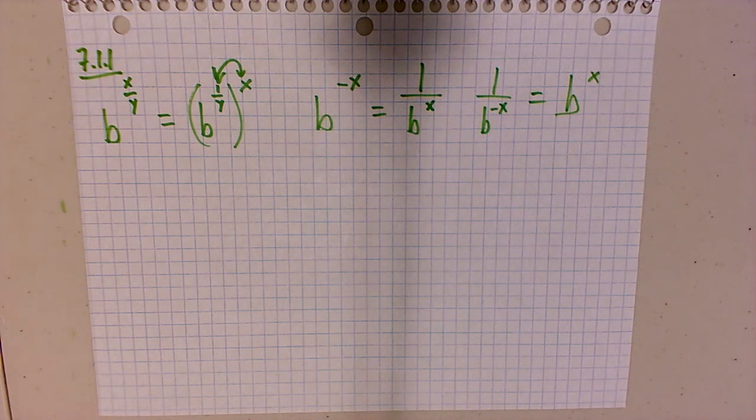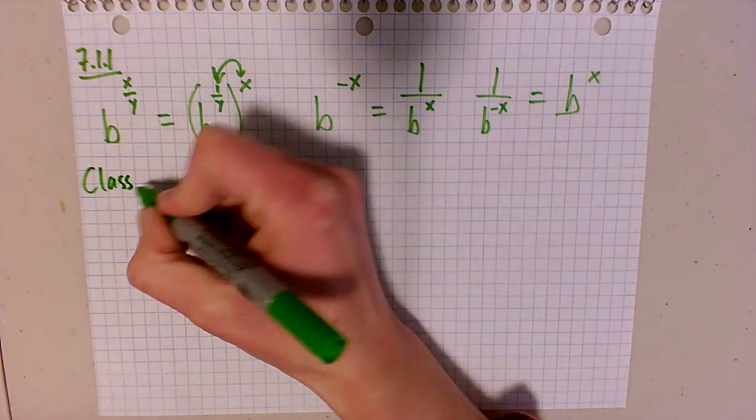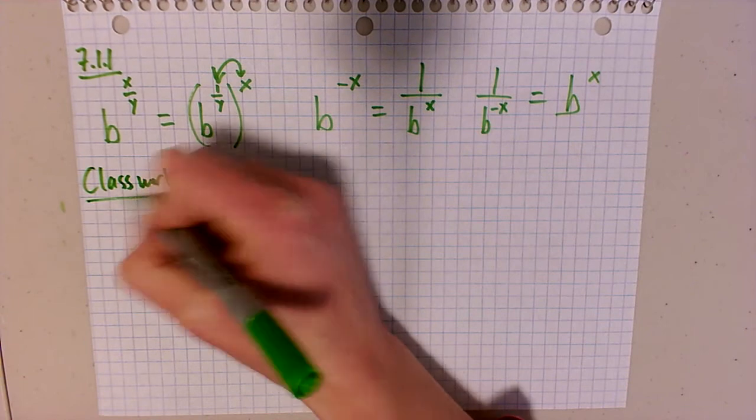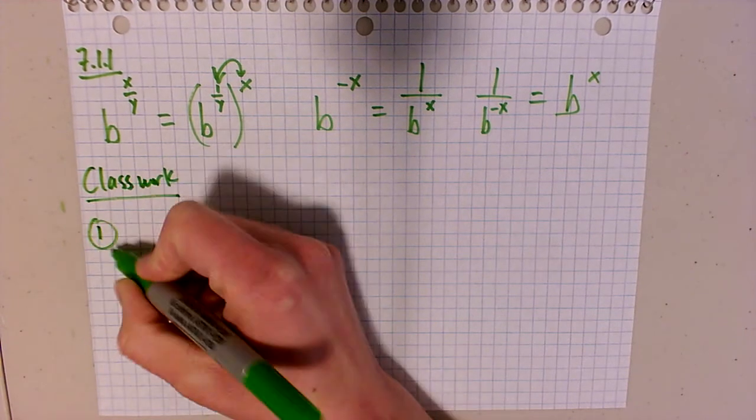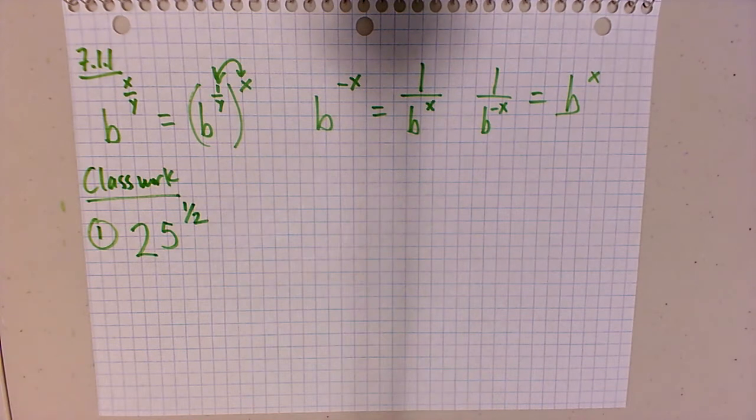Okay. So with this topic, there are so many different ways that you can do it, that the best way is to really just jump into doing several examples. So I'm going to jump into our classwork here, and we have a lot of different things to simplify. Now, for number 1, they give us 25 to the 1/2.